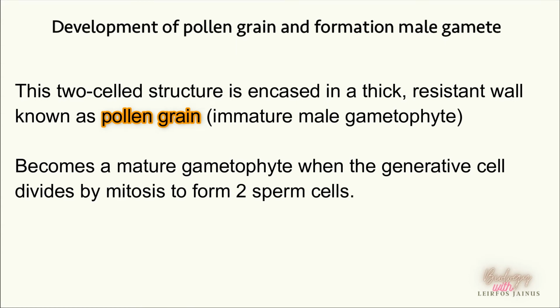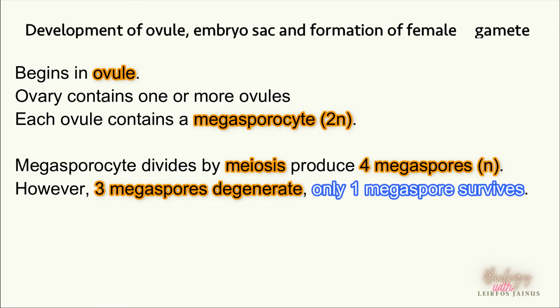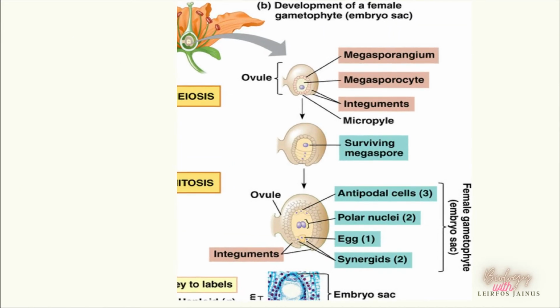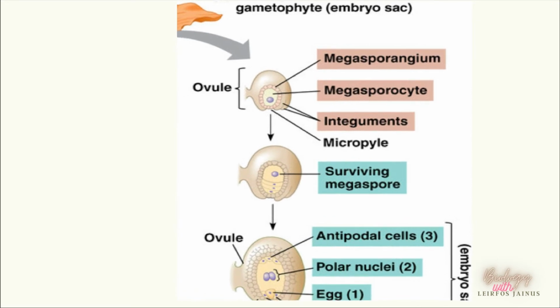Next, we will further understand the development of the female gamete. It begins within the ovule, which consists of a diploid megasporocyte. The megasporocyte, also known as the megaspore mother cell, undergoes meiosis to produce 4 haploid megaspores.